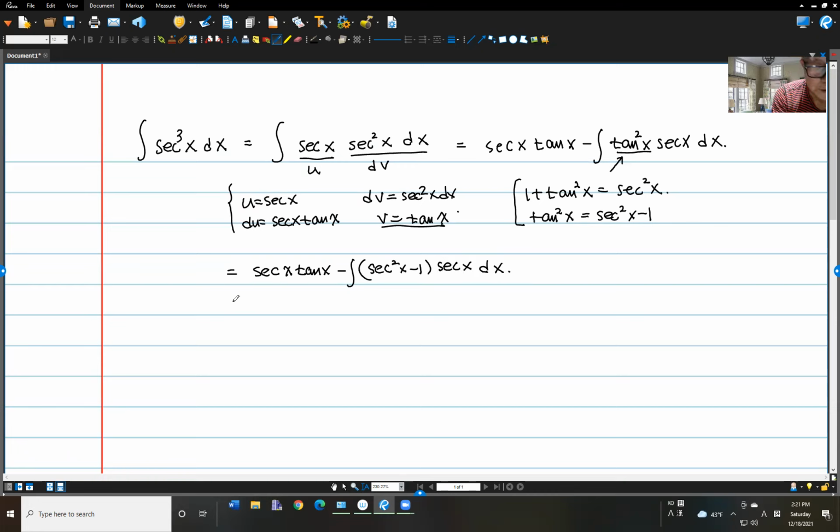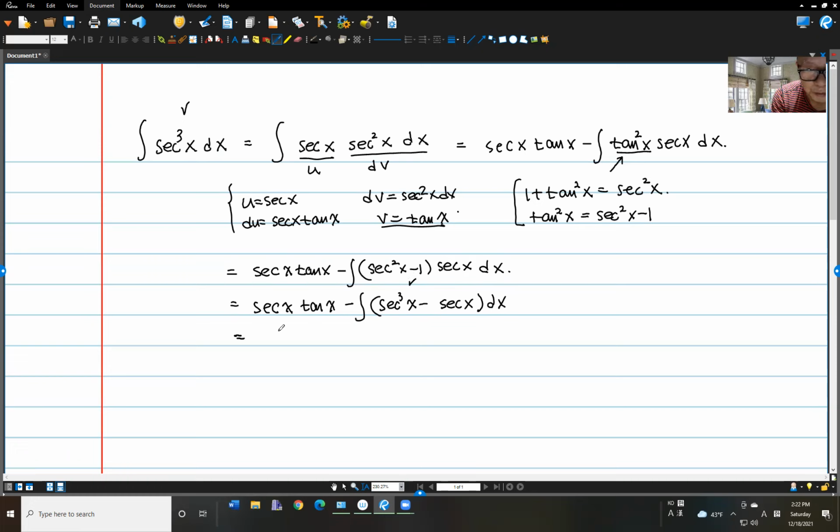Okay, let's separate: secant x tangent x, minus the integral of secant cube x minus secant x dx. I'm going to separate this one because we got the same integral over here.